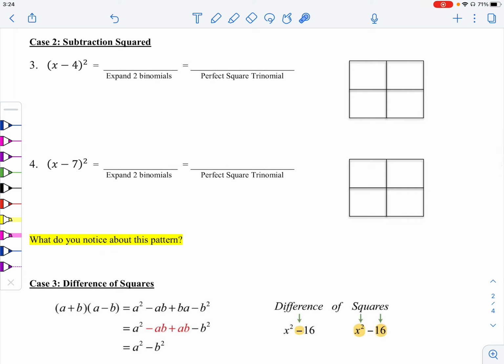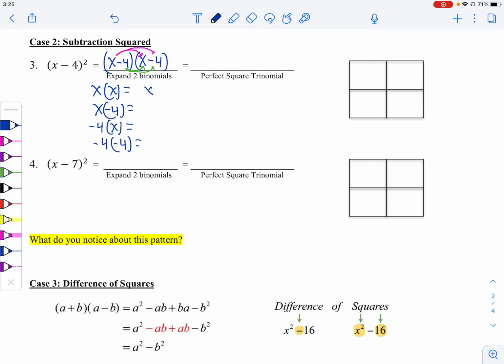Subtraction squared, same thing. X minus 4 squared, we expand it. All right, so we write it twice: x minus 4 times x minus 4. We got two of them. And we're still doing the FOIL, same thing. X times x, x times negative 4. We go to the next one, negative 4 times x, and then negative 4 times negative 4.